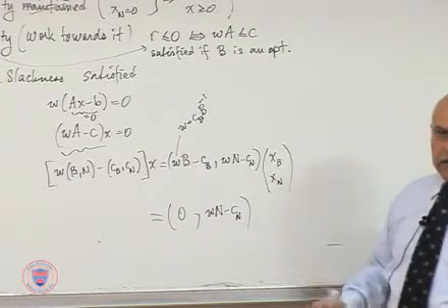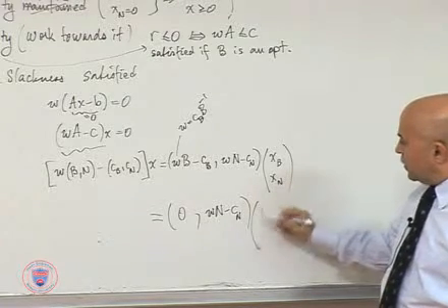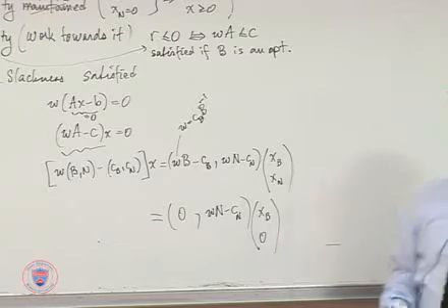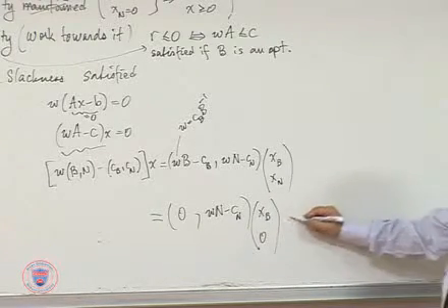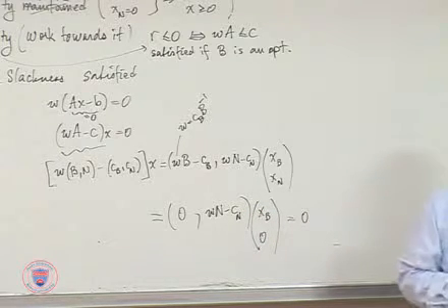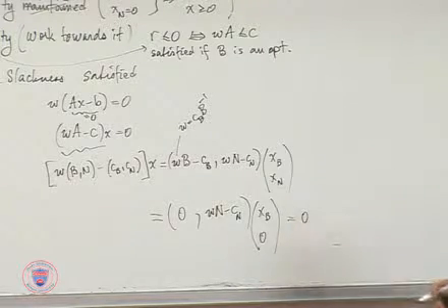Could be anything. It gives you just Rn. Here, XB and XN is 0 by being non-basic, so the output is 0 plus 0, so it's 0. So everything is satisfied. Complementary slackness conditions are always satisfied.